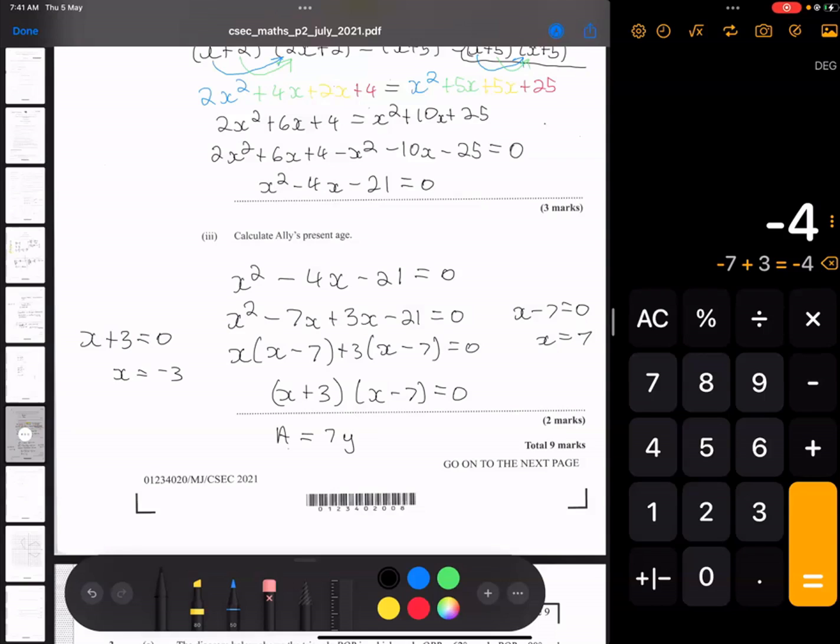So 7 years. The reason why we can't use negative 3 is because you can't have a negative number representing an age. Alright? So Ali's age is 7 years. So Ali is 7 years old.